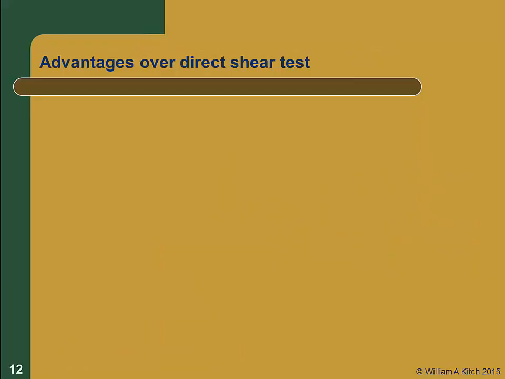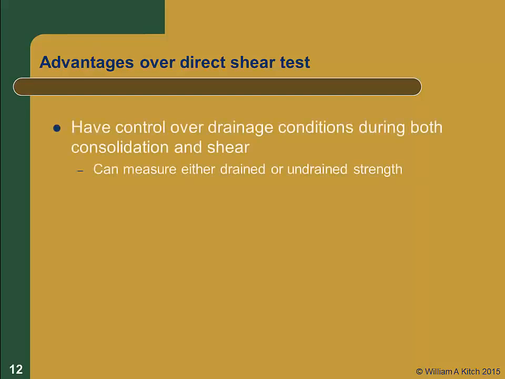So now that we've covered the basic triaxial tests, let's discuss some of the advantages this test has over the direct shear test. The triaxial testing procedure gives us control over drainage conditions both during consolidation and shear. Therefore, it allows us to measure either the drained strength or the undrained strength of a soil. The shear plane is not confined to a fixed plane as it is in the direct shear test.